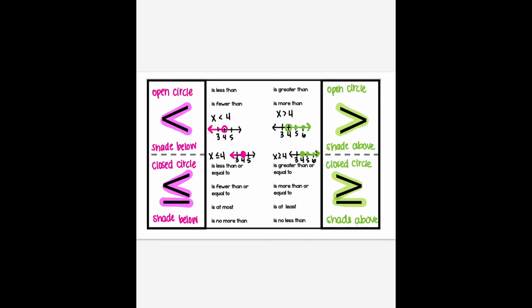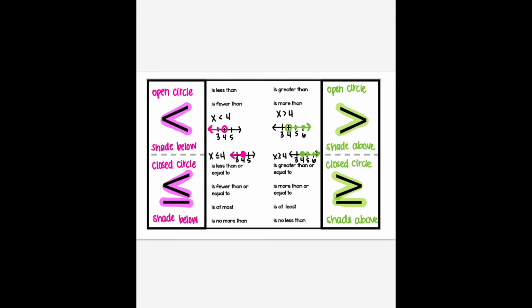Then if we go down to x is greater than or equal to 4, that means that we now have all the numbers bigger than 4 and we can include 4 itself. So it's greater than or equal to, it's more than or equal to. And for this one, I also like to think about money.